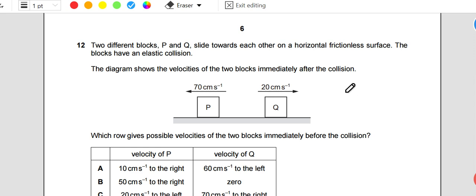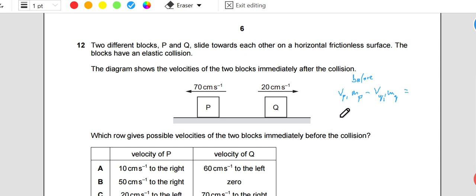We have VBI MB minus VQI MQ equals, this is before, and I choose VQ to be minus because they were sliding to each other before the collision.